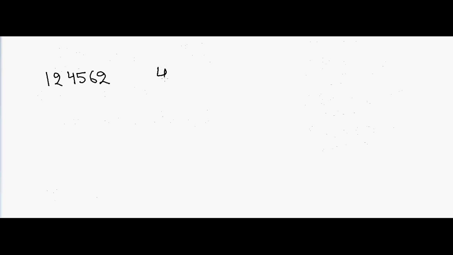In that case I have to look at the last 2 digits, and check whether they are evenly divisible by 4. So 62, if we try to divide 62 by 4, I get 15, and then I have 2 left. So that is not evenly divisible by 4. So this number cannot be evenly divided by 4.